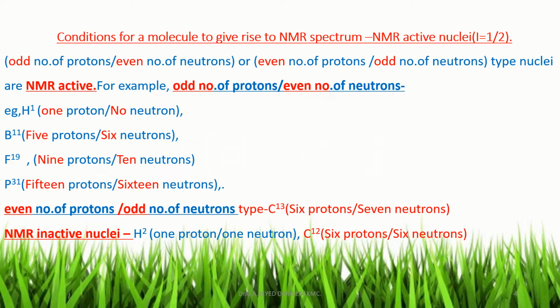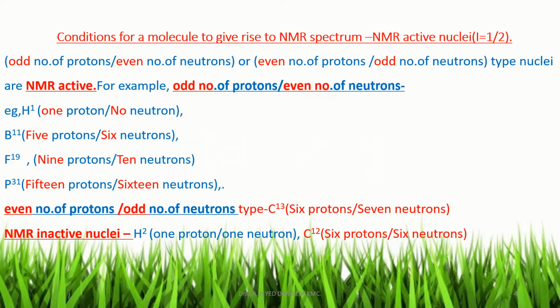Similarly, a nucleus with even number of protons and odd number of neutrons is also NMR active. There are a number of examples. An example for the even-odd type is C13. In the case of C13, the atomic number is 6, which means it contains 6 protons.